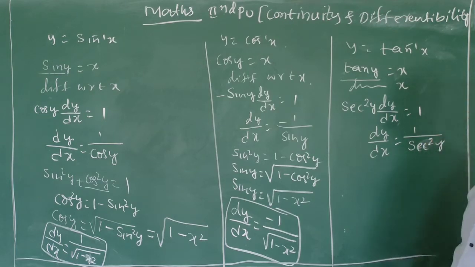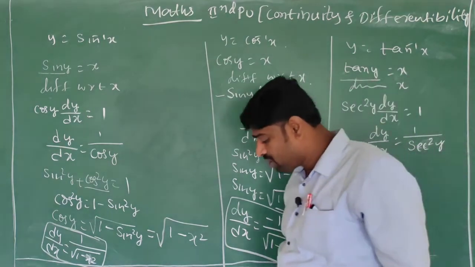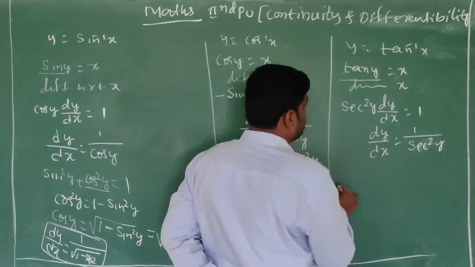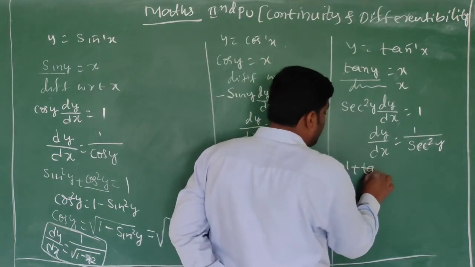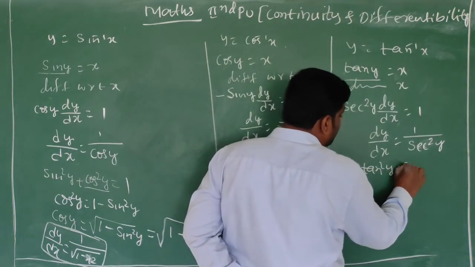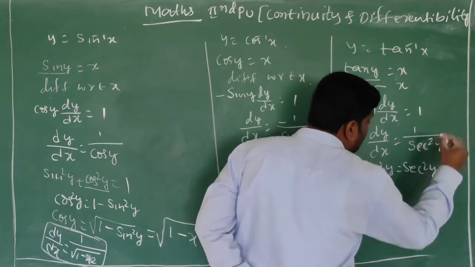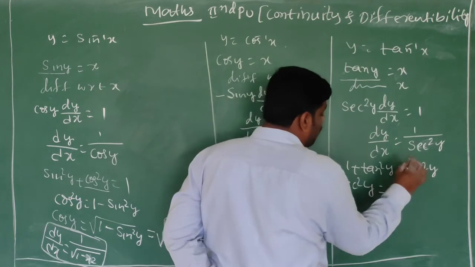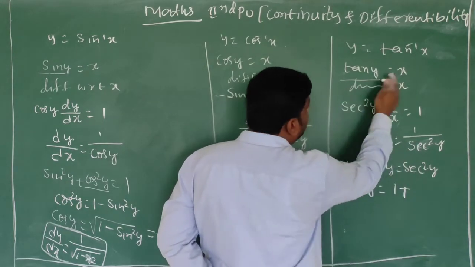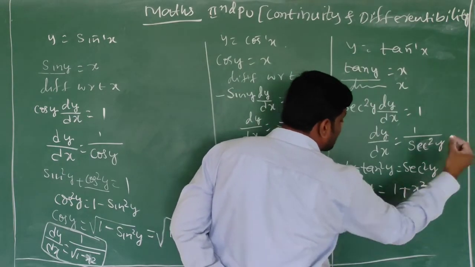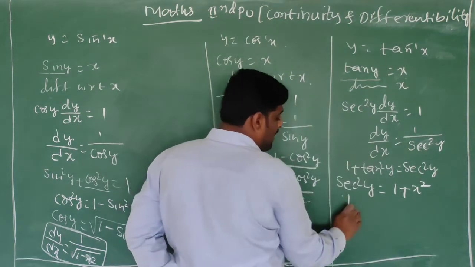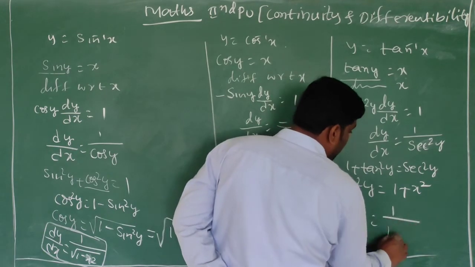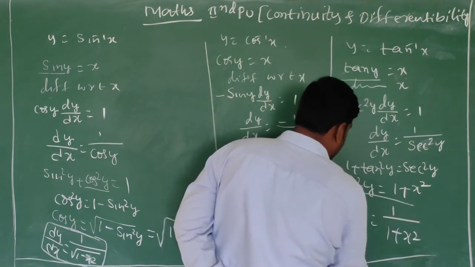So we know the identity 1 plus tan square y is equal to secant square y. Secant square y equals 1 plus tan y, which is x, square. Now dy by dx becomes 1 divided by 1 plus x square.